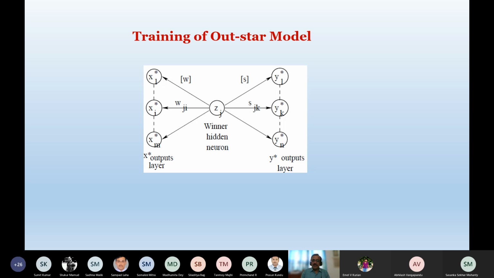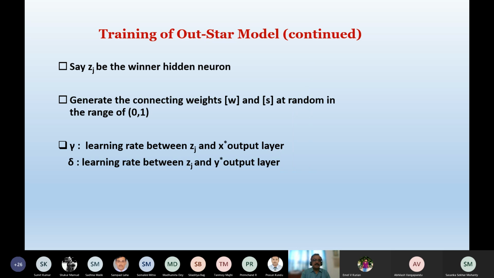We'll have to update both these W and S matrices also. For updating, we are going to use some sort of supervised learning, that is called the Grossberg learning.